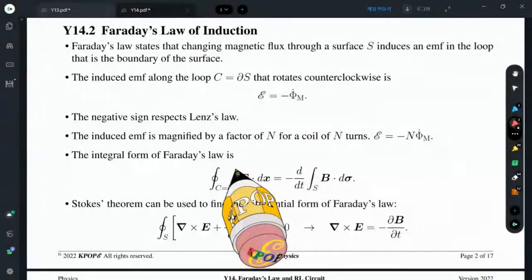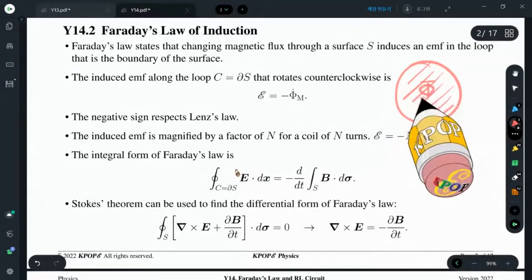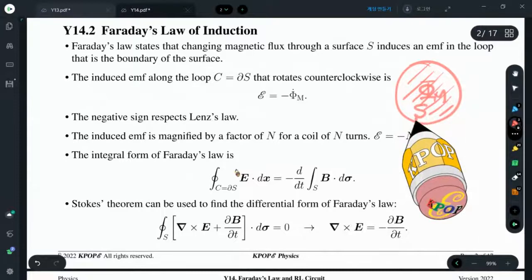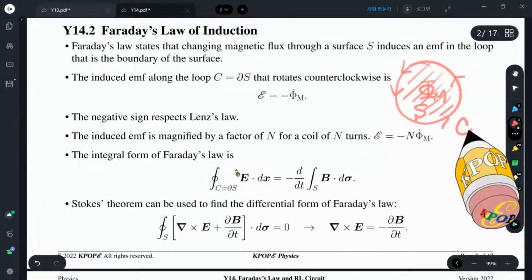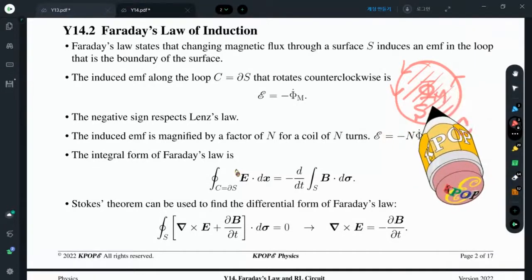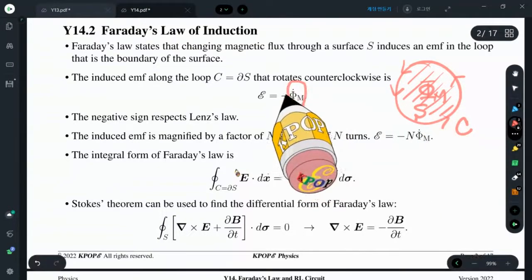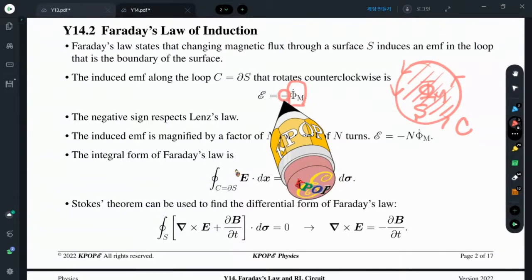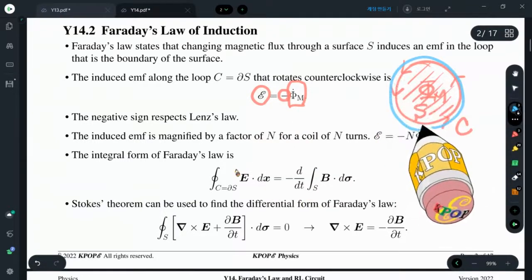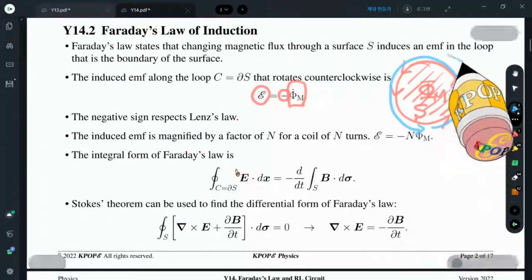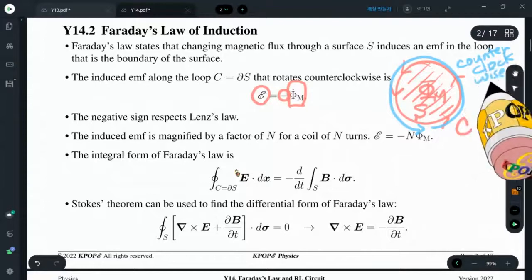Faraday's law of induction states that we evaluate phi m over a surface surrounded by a closed path C. If this magnetic flux changes with respect to time, the time derivative multiplied by the negative sign is the potential difference after a round trip along this path along the counterclockwise direction.